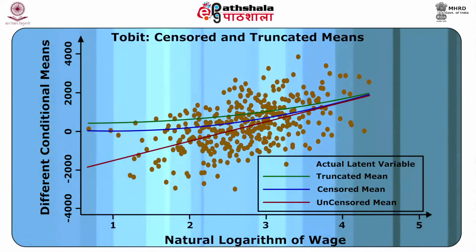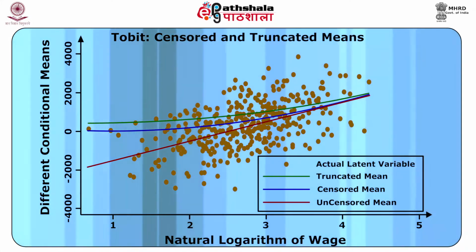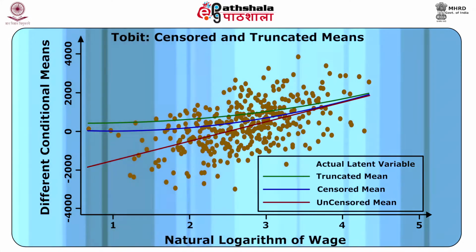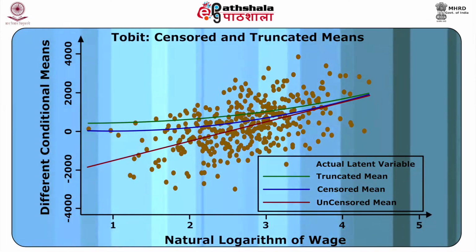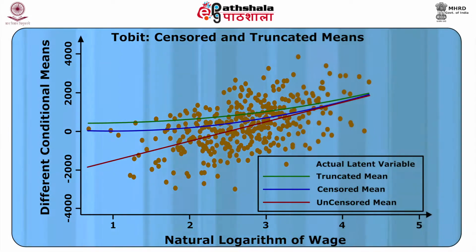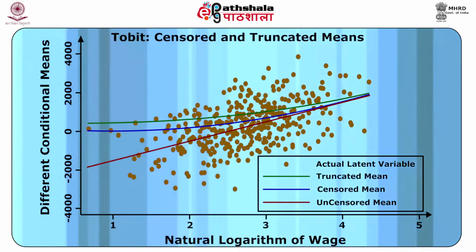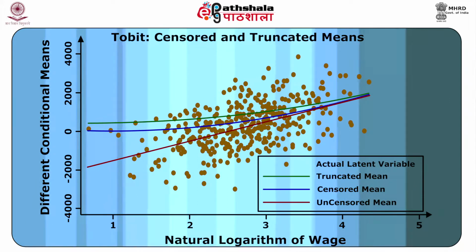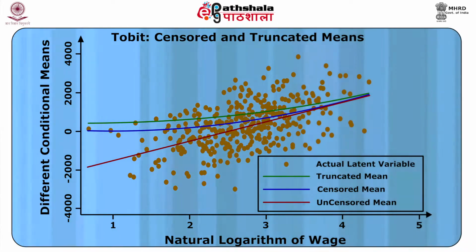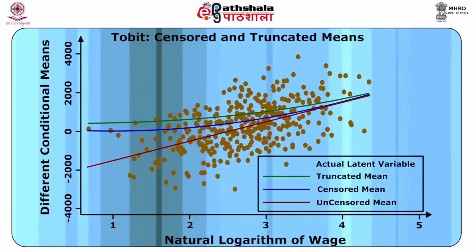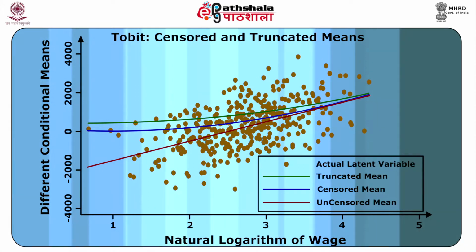Graph 1 presents a scatter plot of y star and ln w for a generated sample of 200 observations. The conditional mean for y would be the same as the unconditional mean of y star in the case of no censoring, which is given by y star equal to minus 2500 plus 1000 ln w, the lowest curve, which is a straight line.